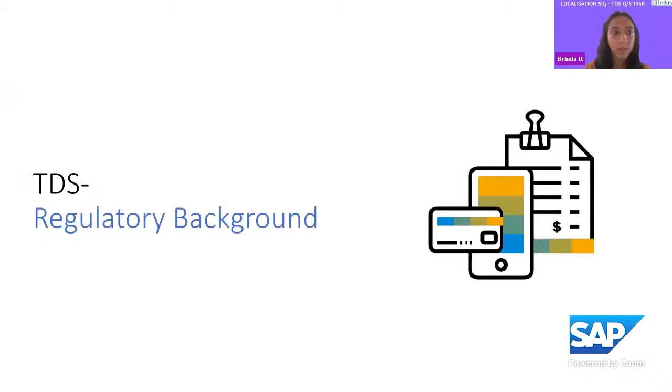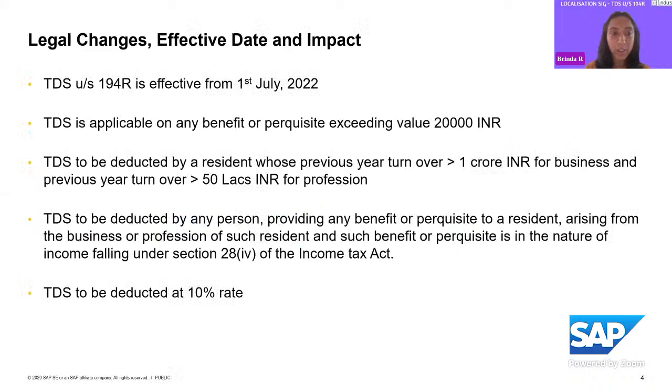Okay, so now let's quickly move on to the regulatory background. All of us know this new change is effective from 1st July 2022 onwards. This new TDS section is applicable on any benefit or perquisite that is exceeding a value of 20,000 INR. TDS is to be deducted by a resident whose previous year turnover is greater than 1 crore for any business, and greater than 50 lakhs for any profession.